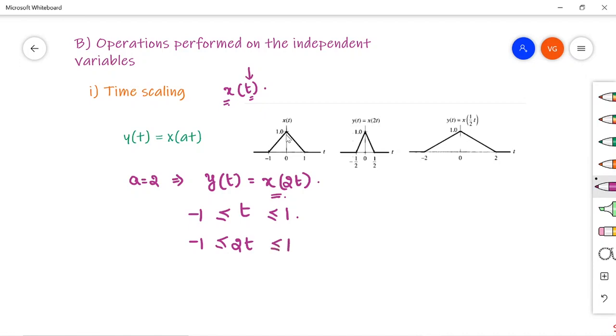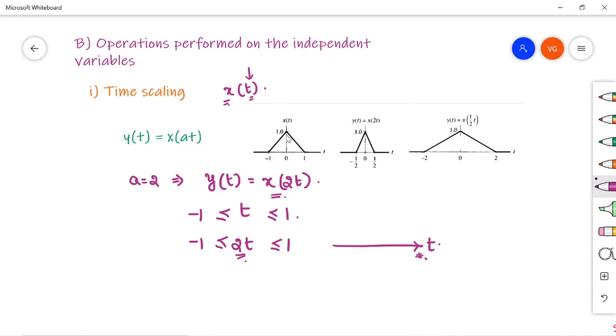Observe carefully. The base signal is x of t. I am just changing the scale of the signal to 2t. So -1 less than or equal to 2t less than or equal to 1. But I have to draw it on the t scale only. I am considering t only. The 2t signal, I have to draw it on the scale t only.